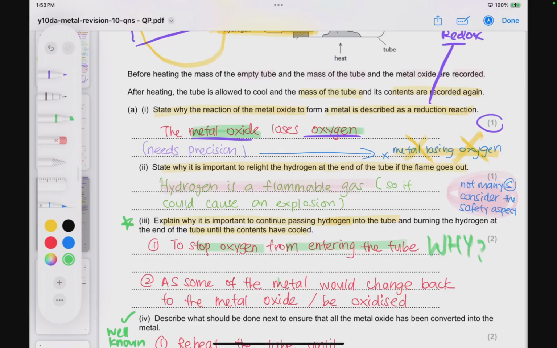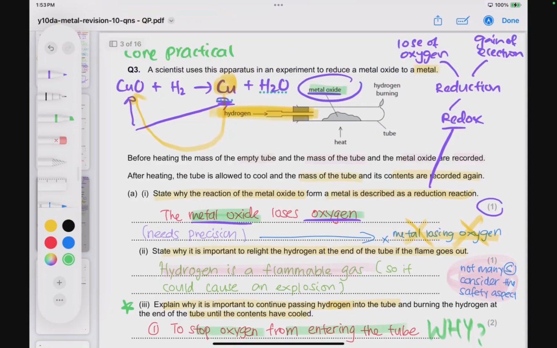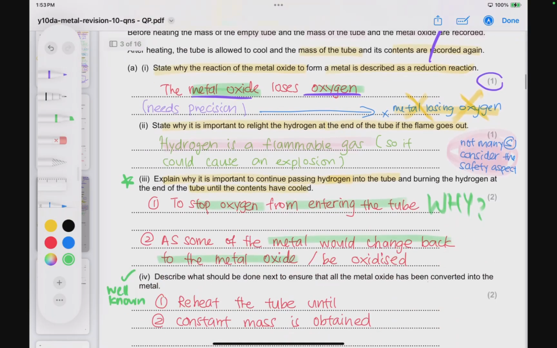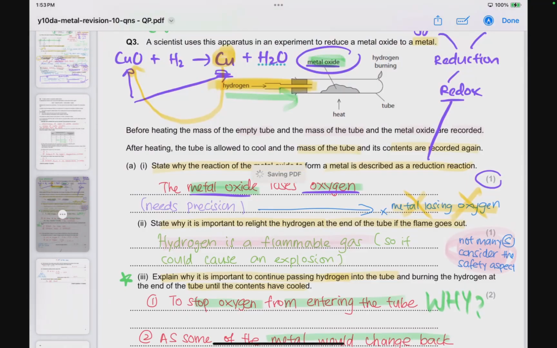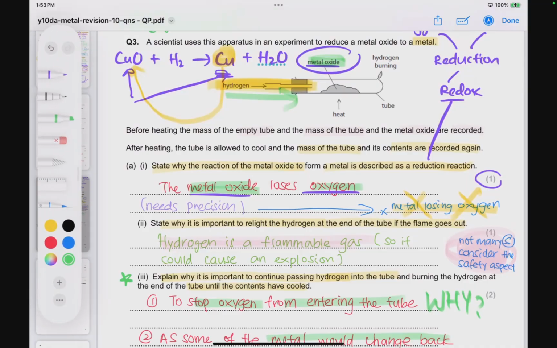Because if not, the metal would change back to metal oxide, or rather you could say the metal would be oxidized back to metal oxide. And so it defeats the entire purpose of this practical, isn't it? If not, you have to keep redoing and you won't be able to get your pure metal. So again, hydrogen is continuously pumped in to make sure that the pure metal that you get remains as the pure metal while it's being cooled and does not turn back into metal oxide.